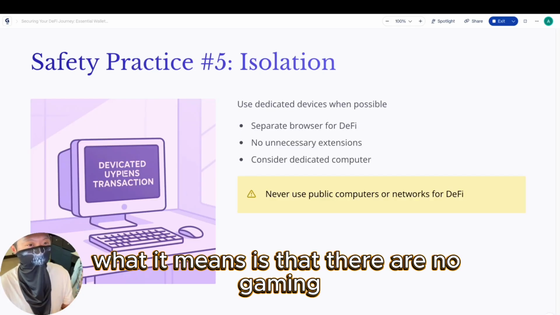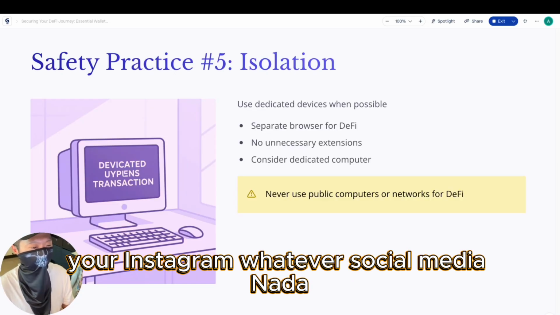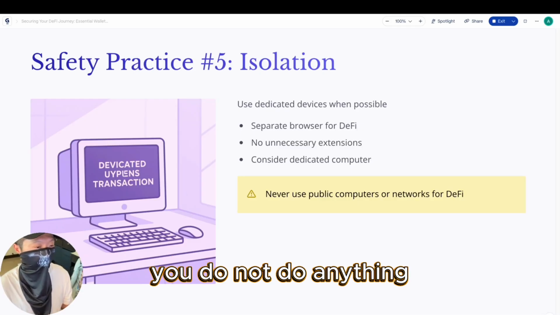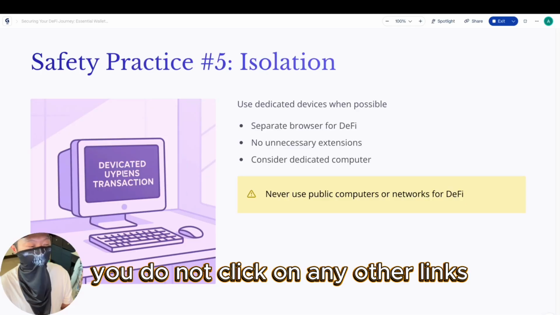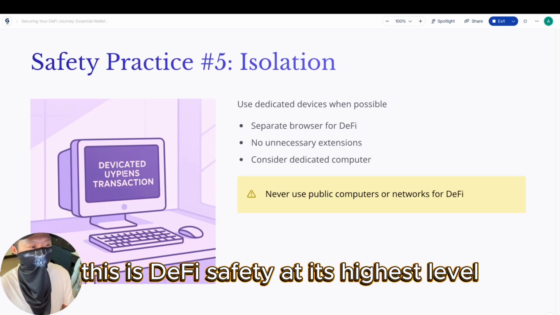What it means is that there is no gaming, you do not play Fortnite, you do not log on to your TikTok, Instagram, whatever social media, nada. You do not click on any other links. It's a dedicated device for actually just investing. This is DeFi safety at its highest level.